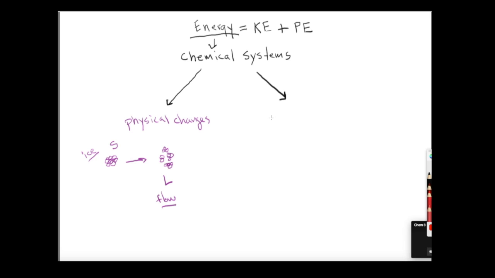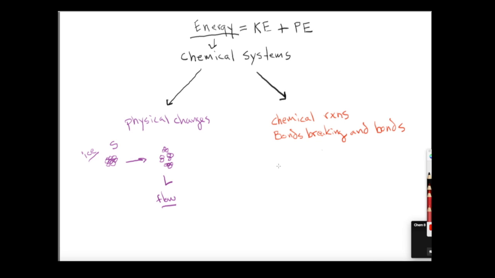The other issue here then: what's the other part of a chemical system? And these would be your chemical reactions. They're not the same as physical changes because we have bonds that are breaking, and we have bonds that are forming.